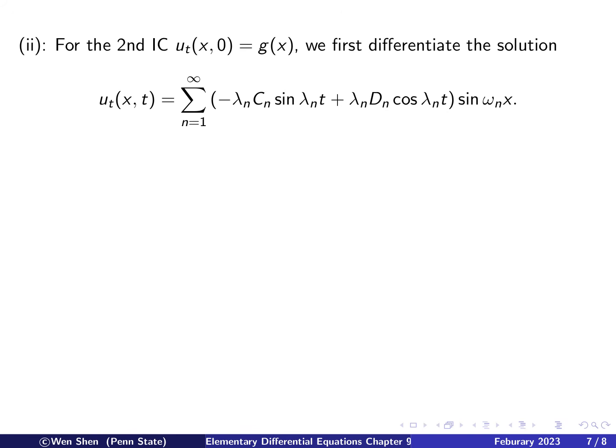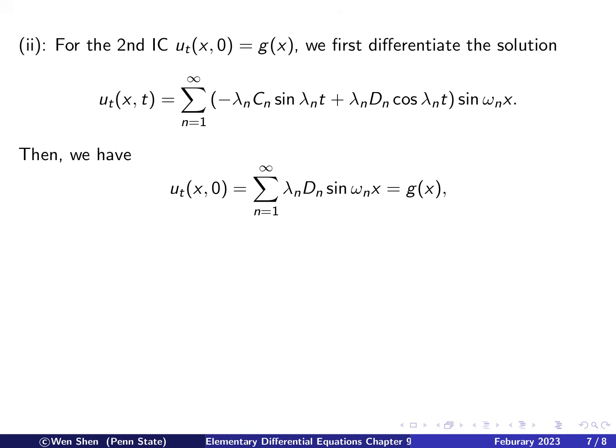Now let's determine the d_n's by using the second initial condition, u_t at (x, 0) is g(x). We first need to differentiate the formal solution. Differentiating cosine, you get a negative sine with negative lambda_n in the front, and differentiating sine, you get cosine with lambda_n in the front.